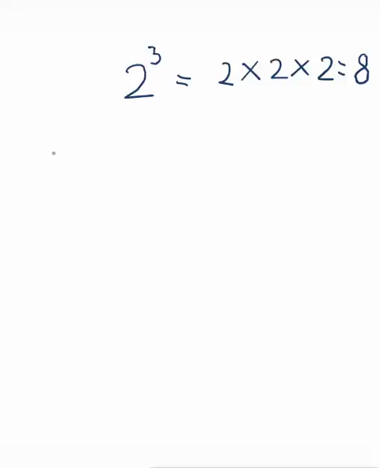Now, if I started off with 2 times 2 times 2, and I asked you to simplify this, not to work it out, but to simplify, well, this is where you would have to remember that there's an invisible power 1 above all the 2's, and I've made them visible because we now have to add them.